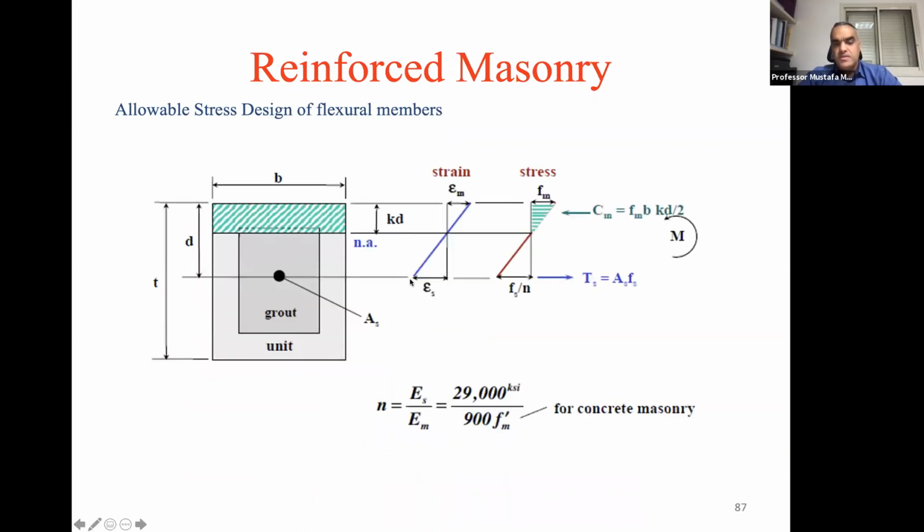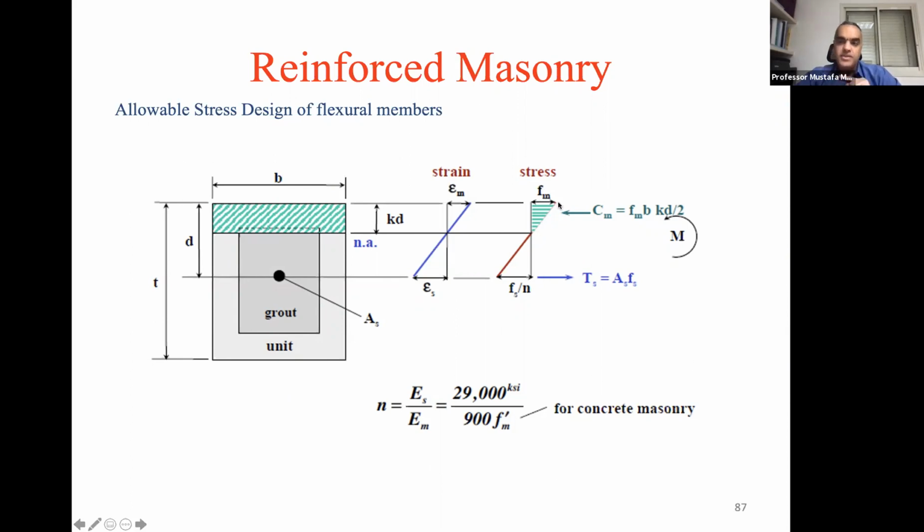According to this, the strain distribution, of course, is linear elastic. So we have epsilon M, the strain in the masonry, and epsilon S, the strain of the rebar, which is located at a certain distance D from the compressive face, and typically that is in the middle of the unit. The compressive stress, you can see, is linear.